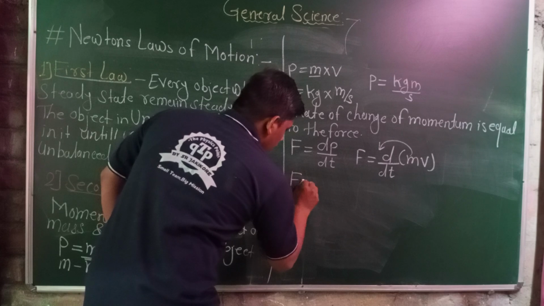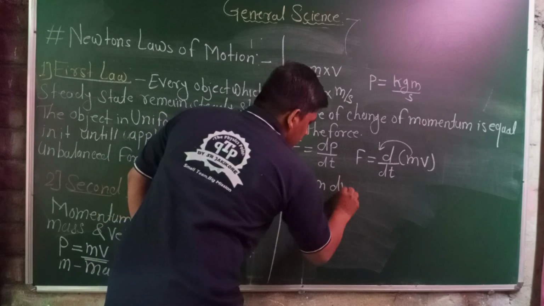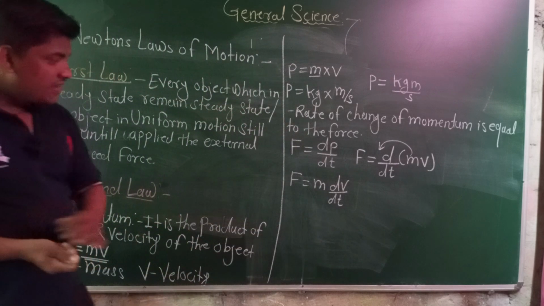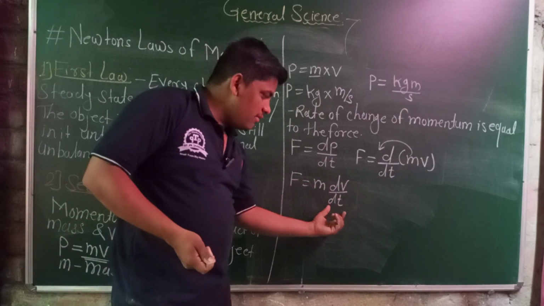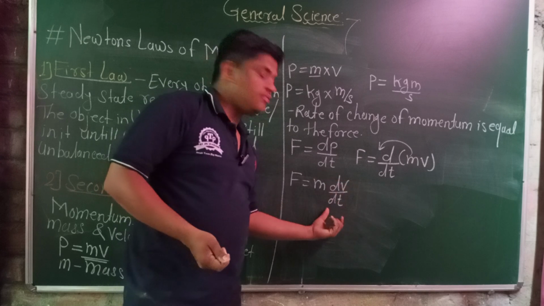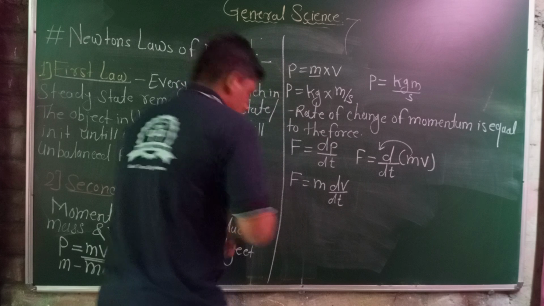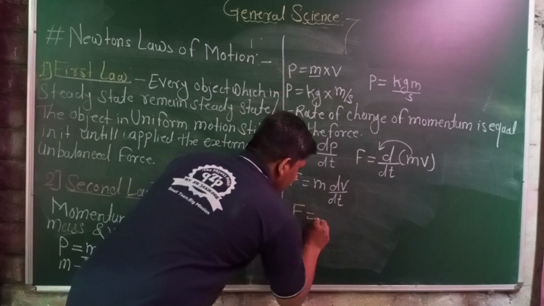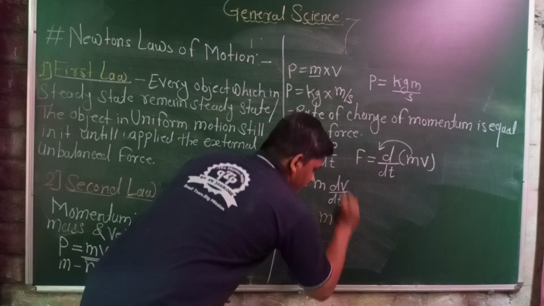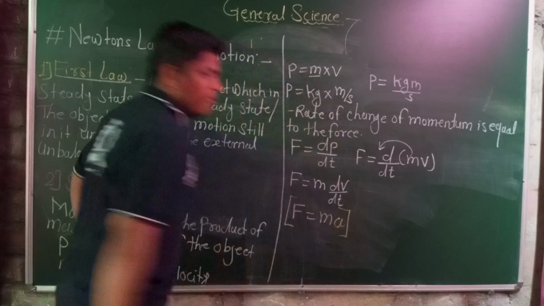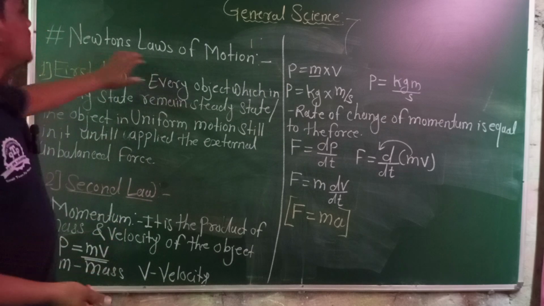Then F is equal to m dv by dt. The change in velocity with respect to time is acceleration, or linear acceleration. Then force is equal to mass into acceleration.